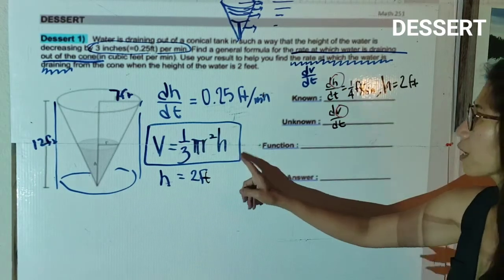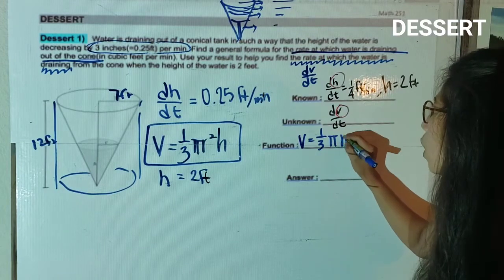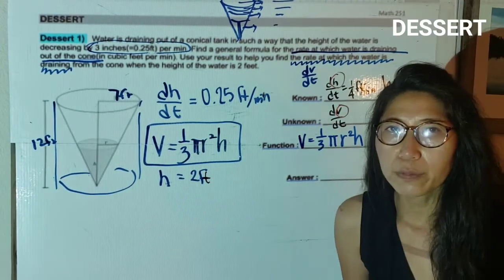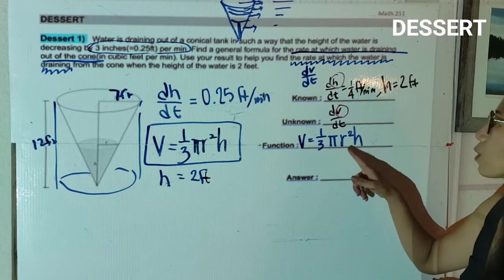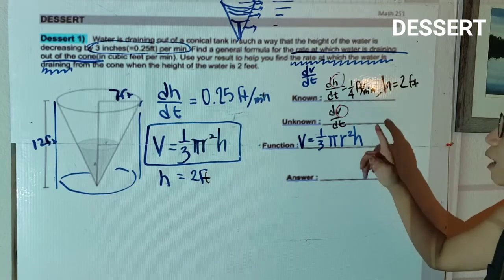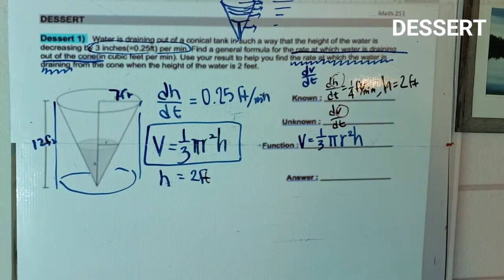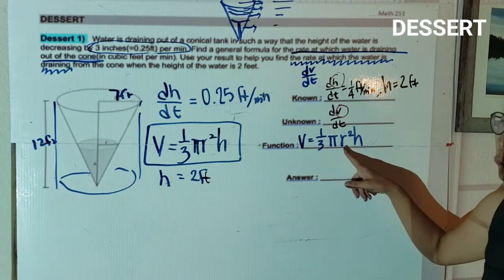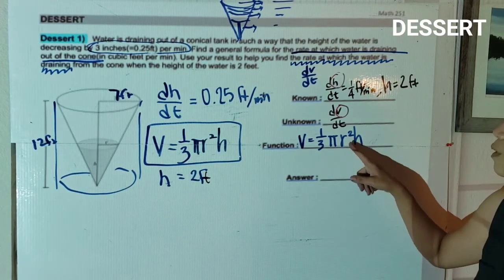So when I look at the function I'm going to use, V is equal to 1/3 pi R square H. Which variable do you think we need to get rid of, R or H? We have to get rid of the R because we want to make a connection between V and H. I cannot have two of those, and as you see, they don't give me any information about R. They only gave me information about H. So how can I get rid of that R?